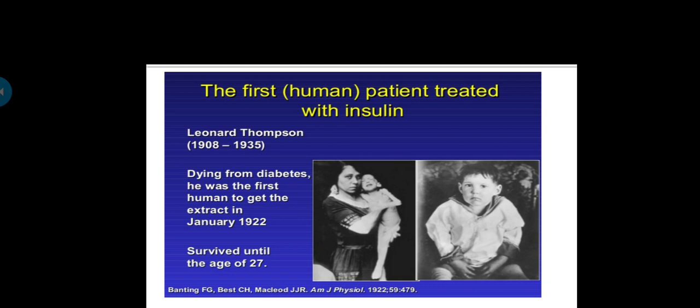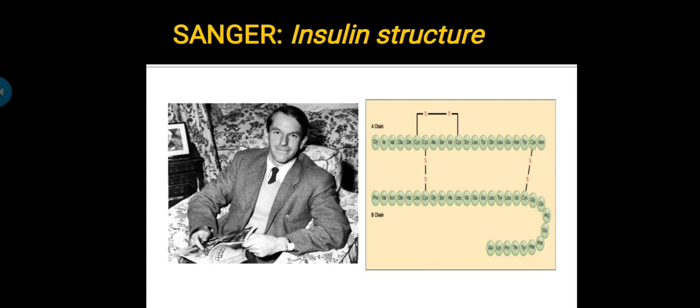That is a major improvement in the treatment of diabetes. Later Sanger discovered the insulin structure by isolating it, and he also received a Nobel Prize.